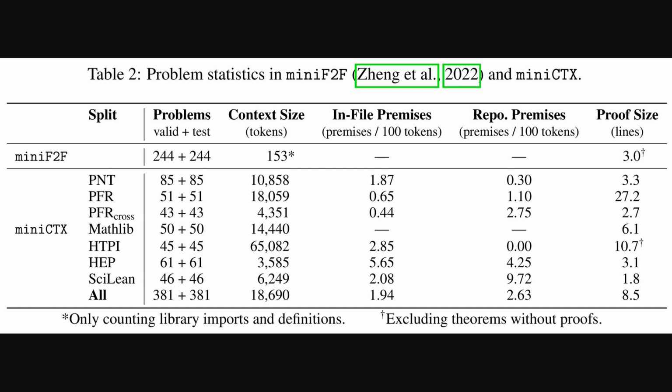It also details things like in-file premises. These are assumptions or proven statements found within the same source file, and repo premises, which are similar assumptions but from other files in the same project. This data really underscores how miniCTX is designed to test the handling of extensive and varied contextual information.